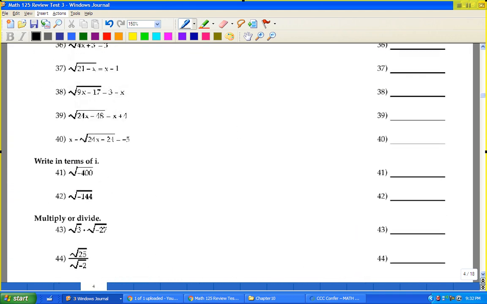Okay. 41. So those were longer problems, so obviously I couldn't quite do them on the review sheet. Let me do problem number 41. Write in terms of i. Well, the square root of 400 is 20. The square root of negative 400 is 20i.